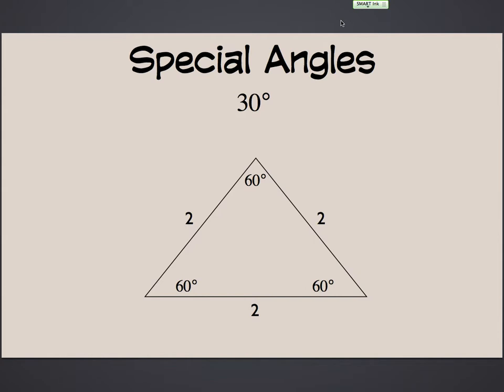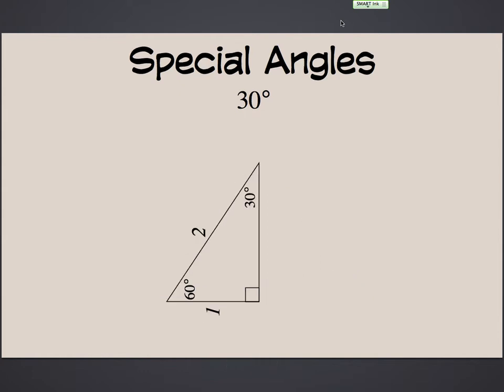I'm going to bisect this triangle in half. So if I do that, the top angles are now what? 30. And that bottom angle is now what? A 90-degree angle. My top angles are 30. Now, what about the 2 new sides I have at the bottom? They're both 1.